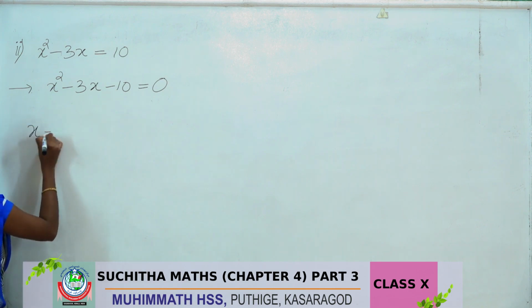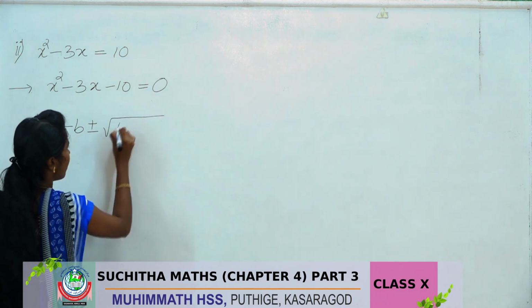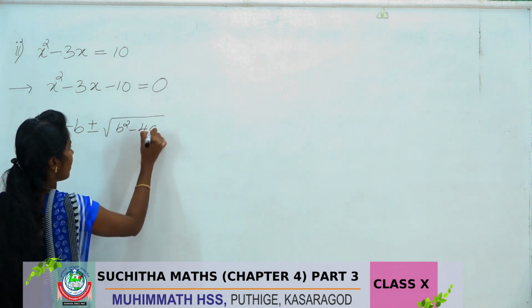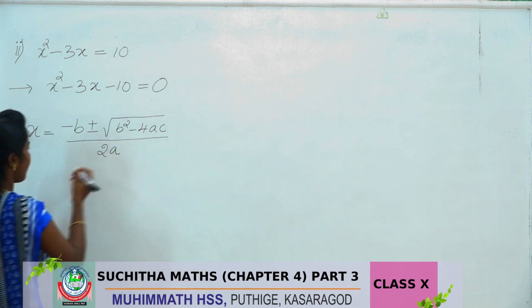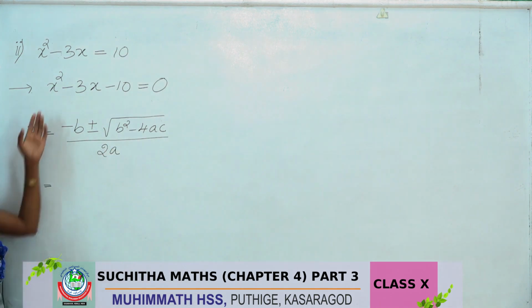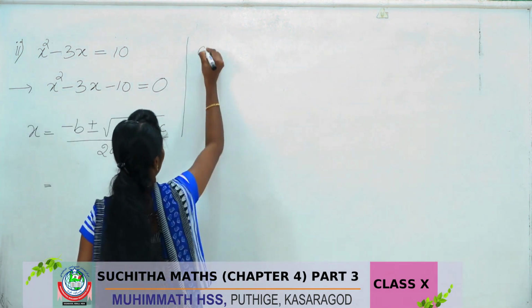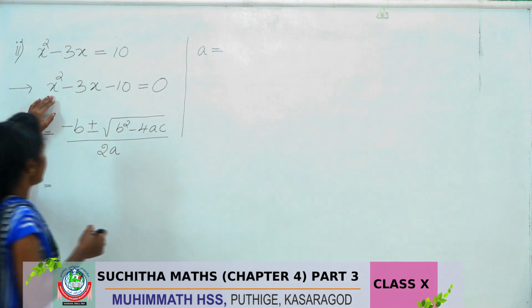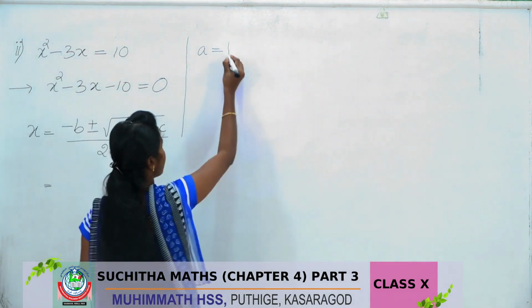Therefore x equal to minus b plus or minus square root of b square minus 4ac, divided by 2 into a. Here what is the value of a? A is the coefficient of x square. Coefficient of x square is 1.